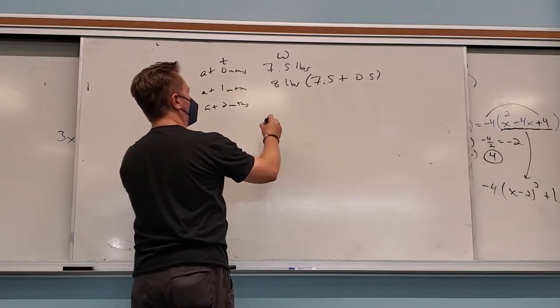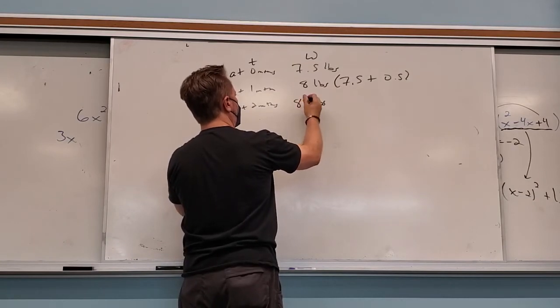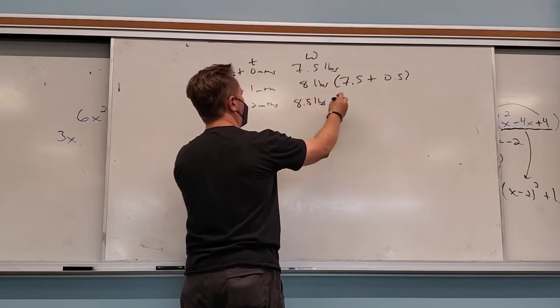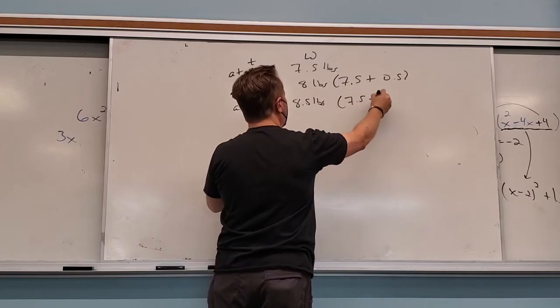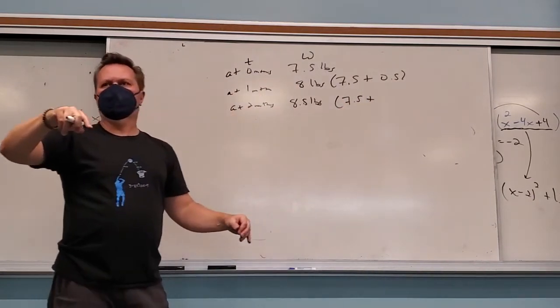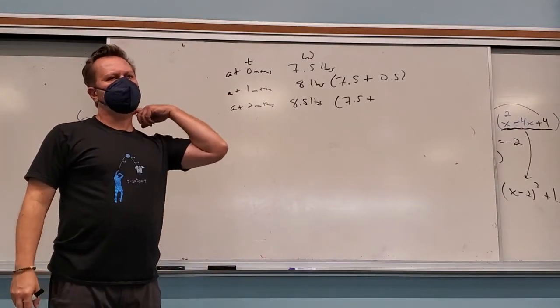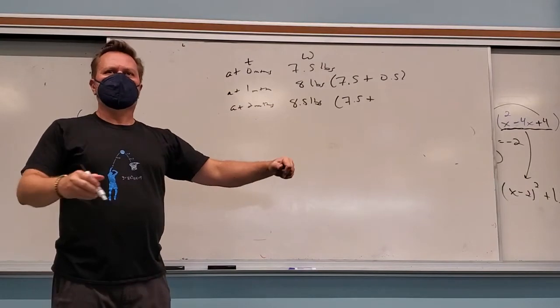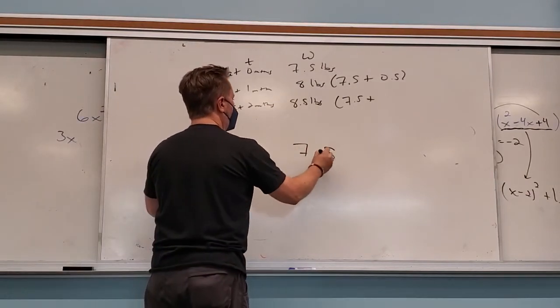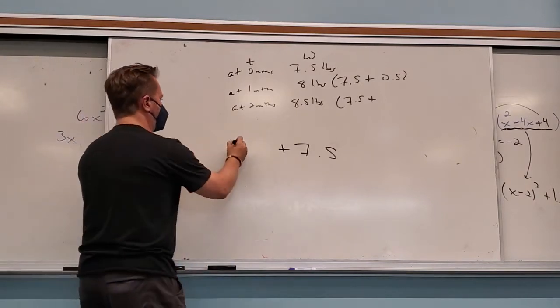How much will it weigh? 8.5, right? Every month it gains half a pound, yes? At least for the first year. So this is 7.5 plus 2 of these, right? Each month, 0.5 pounds. You shouldn't have to do what I'm doing though. It starts at 7.5 and every month it gains 0.5 pound.